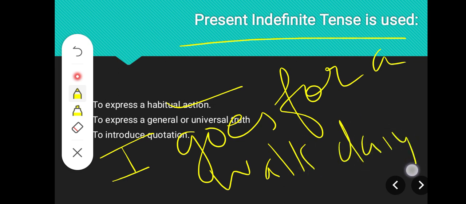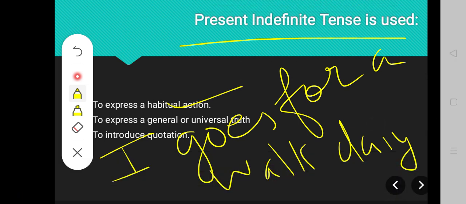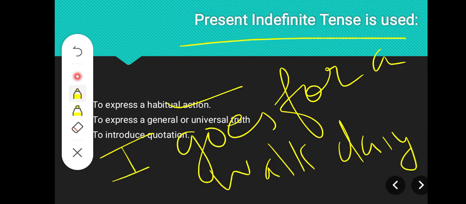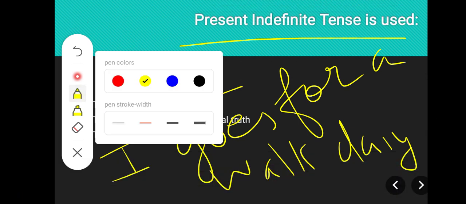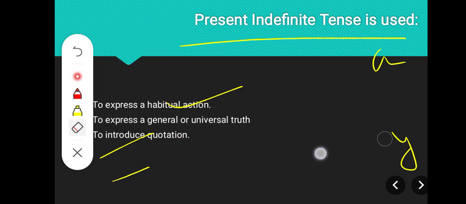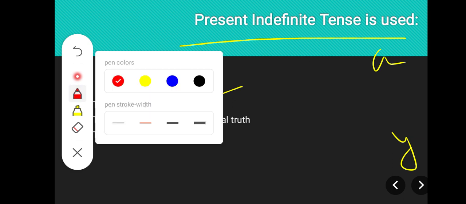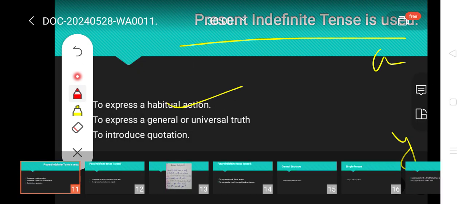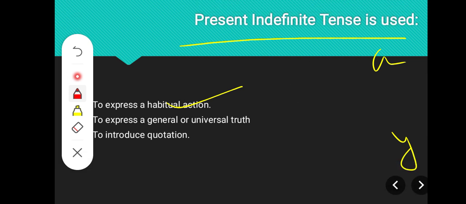So this is a habitual action of mine. Or we want to express any general truth or universal truth. For example, water boils at 100, or the sun rises in the east.